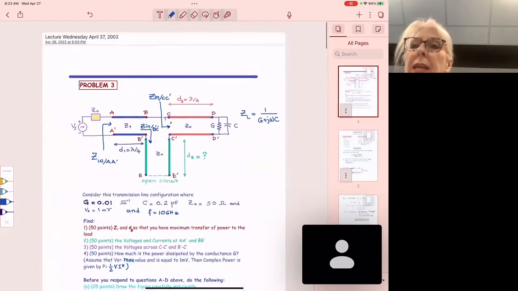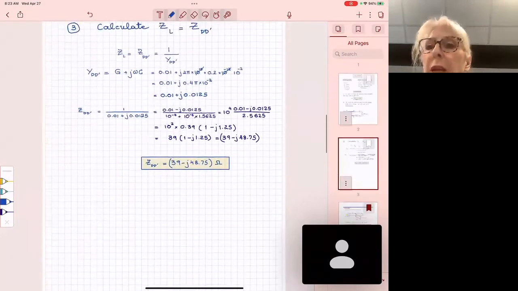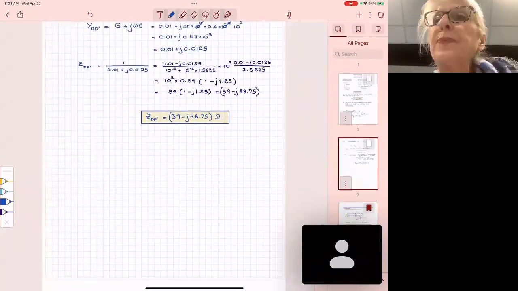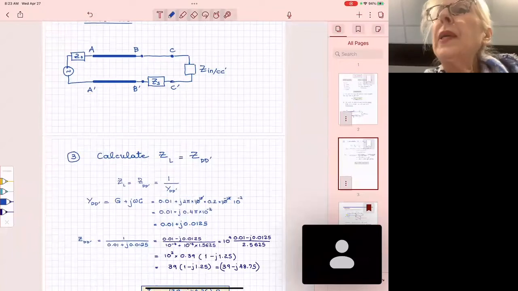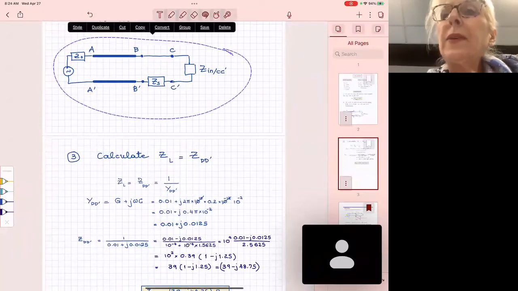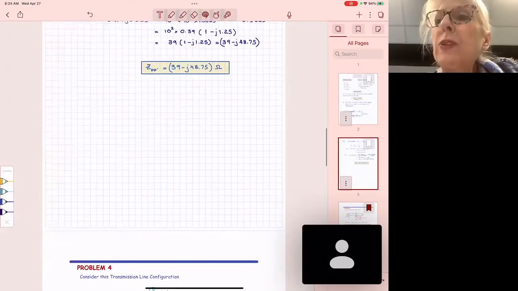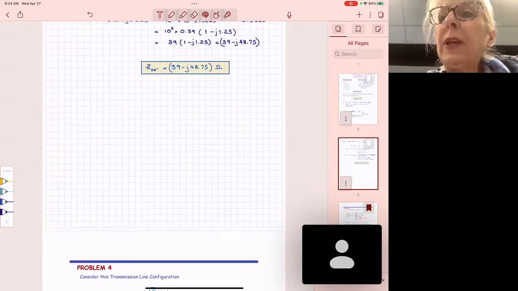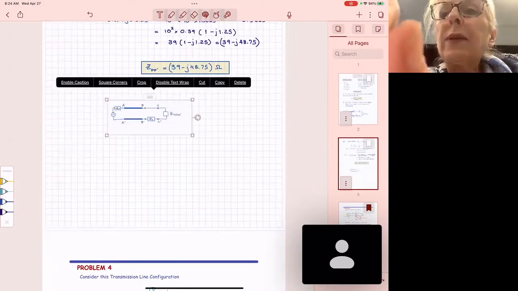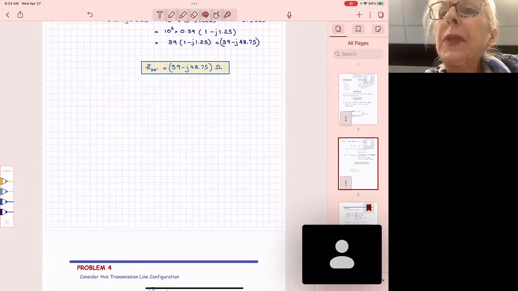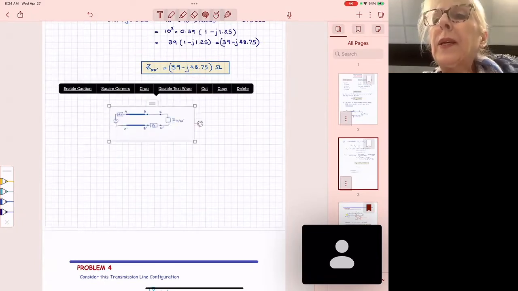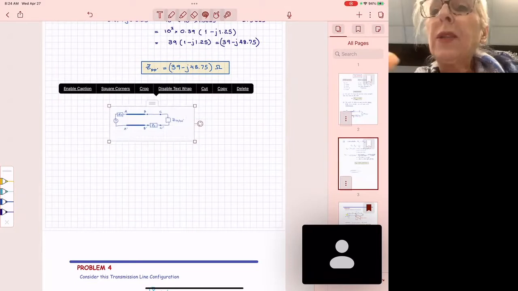Now I have a transmission line. So here I will do this again for you. I'm going to take this one, copy. I'm solving the problem as if I had to solve it myself. No, cut. That is not good enough.